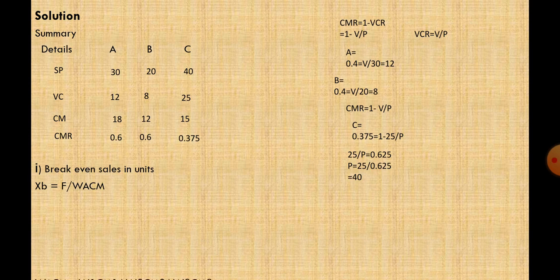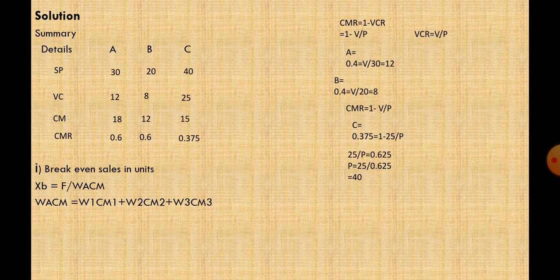It is given by the weight of 1 multiplied by the contribution margin of 1, plus the weight of 2 multiplied by the contribution margin of 2, plus the weight of 3 multiplied by the contribution margin of 3. How do we get the weights?